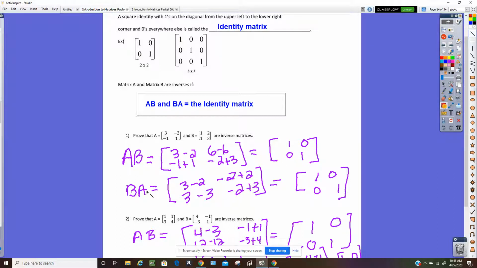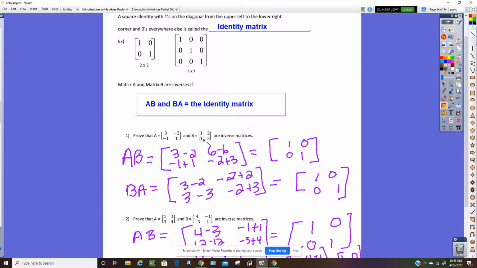Now we have to check B times A. So B times A would be this row times this column: 1 times 3 is 3, and 2 times negative 1 is negative 2. Then this row times this column: 1 times negative 2 is negative 2, and 2 times 1 is positive 2.